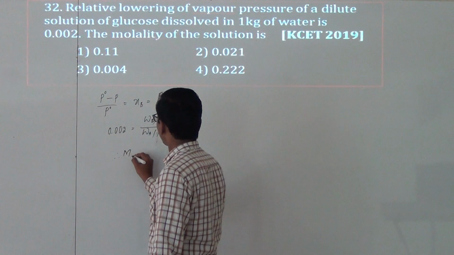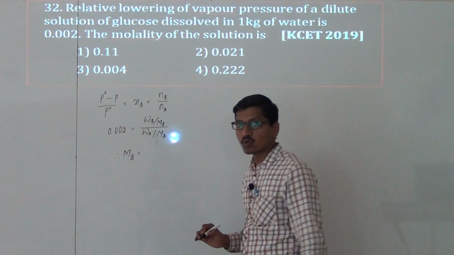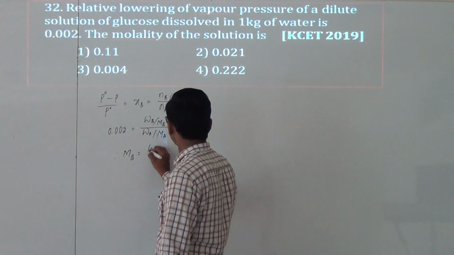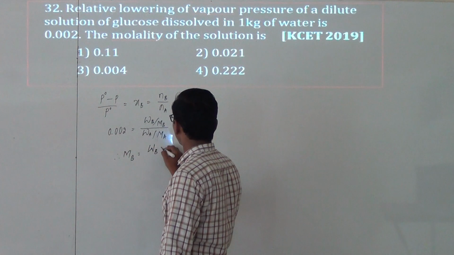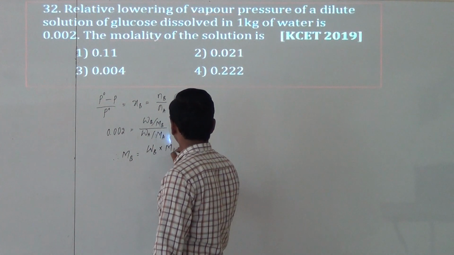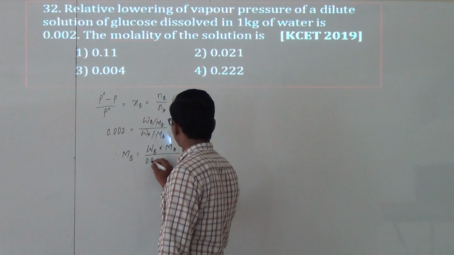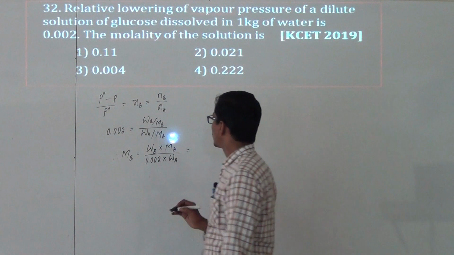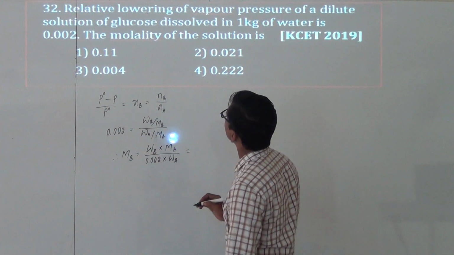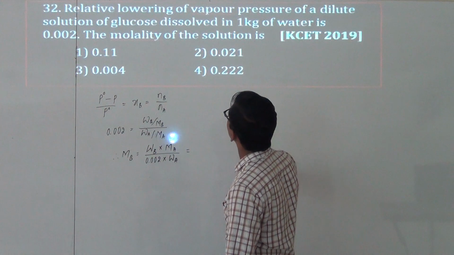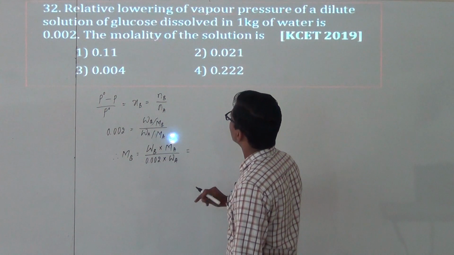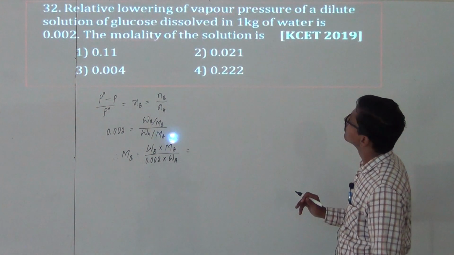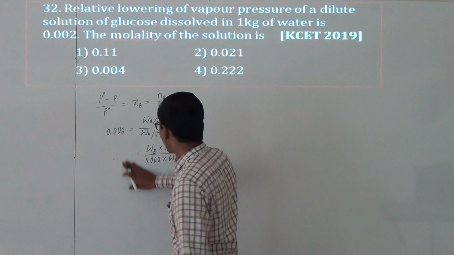Therefore, we have to calculate WB, the mass of the non-volatile solute glucose.